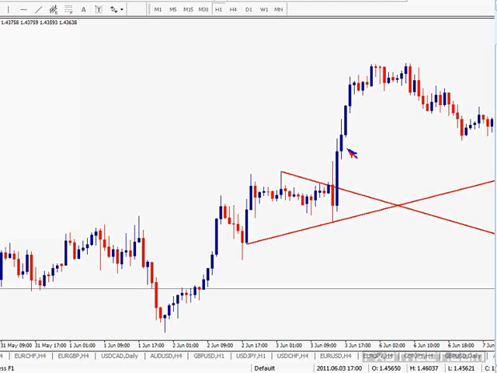Keep that in mind when you're taking a look at triangles. 2 touches, the third fails, that's usually understood as a good signal of bullish continuation, in this particular case when the trend was bullish.